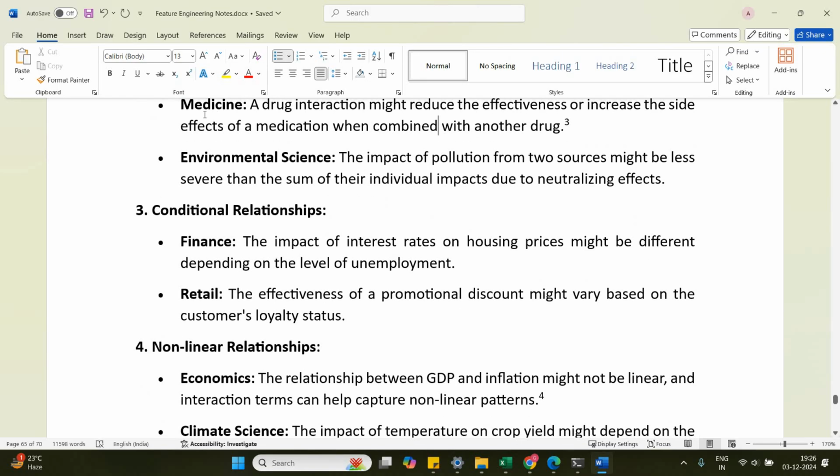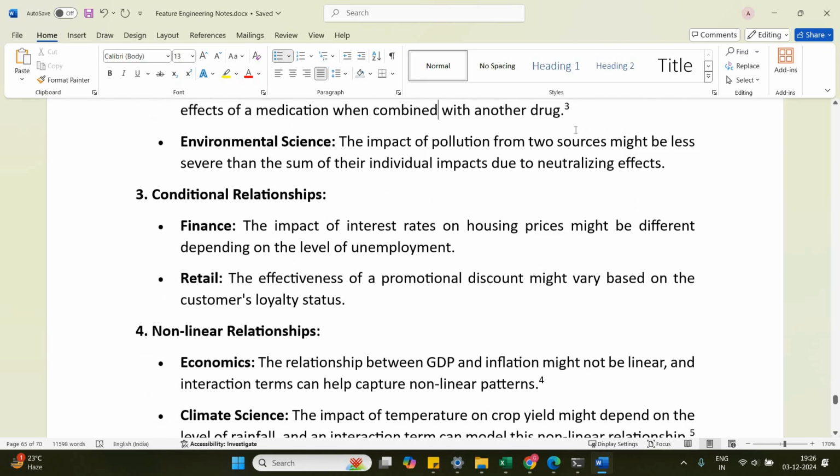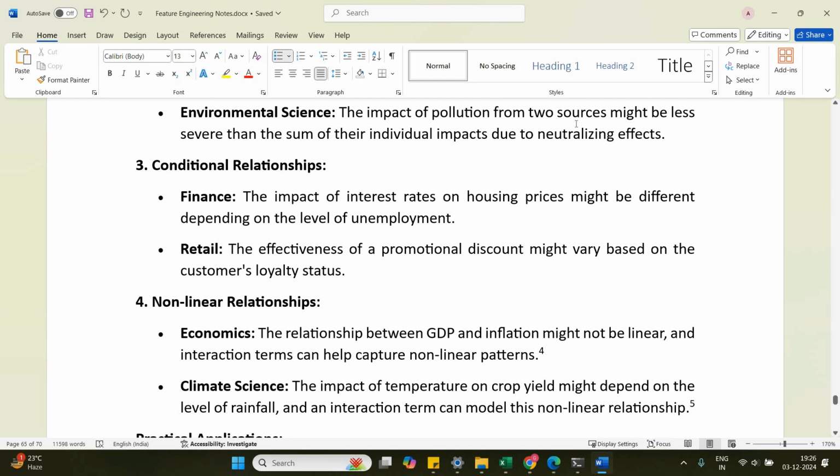Then comes environmental science. The impact of pollution from two sources might be less severe than the sum of their individual impacts due to a neutralizing effect. There may be two kinds of pollutants, one and the other. In the absence of each other, both create pollution.